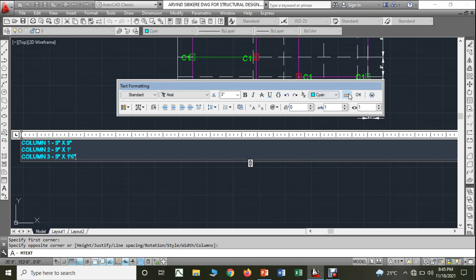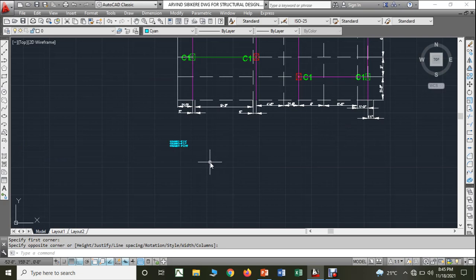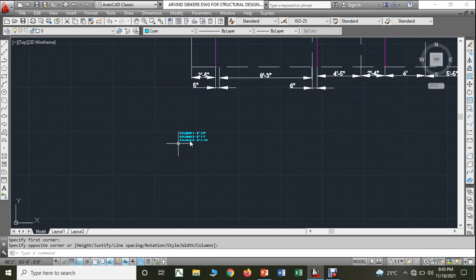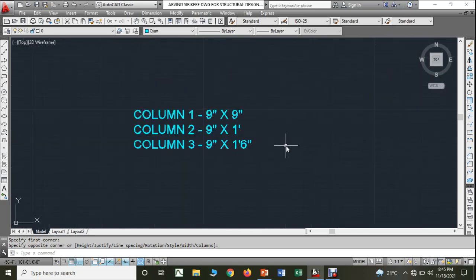So these 3 are my column dimensions. Column number 1 is 9 inch by 9 inch, a square column. Column number 2 is 9 inch by 1 feet, a rectangular column. And column number 3 is 9 inch by 1 feet 6 inch, again a rectangular column.